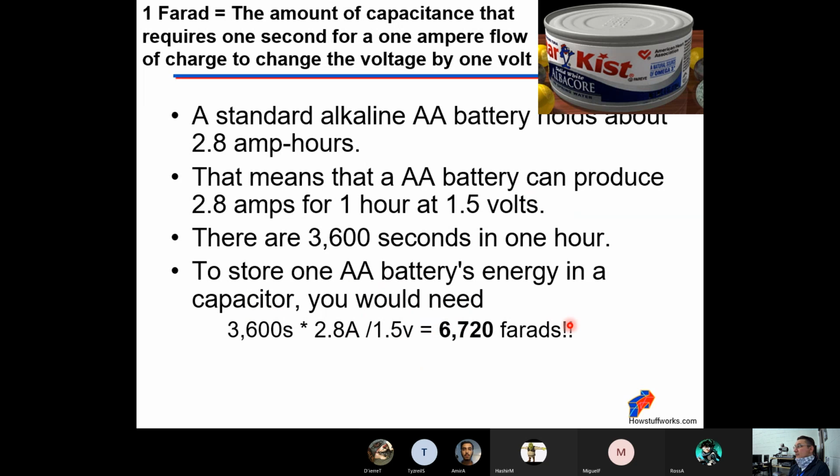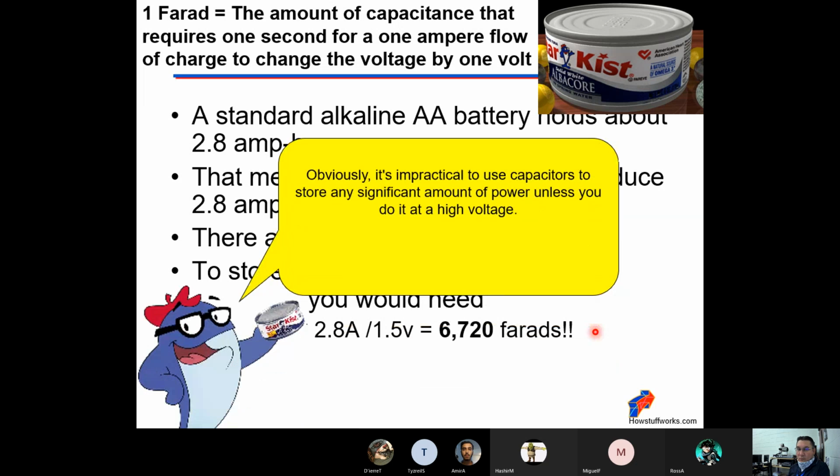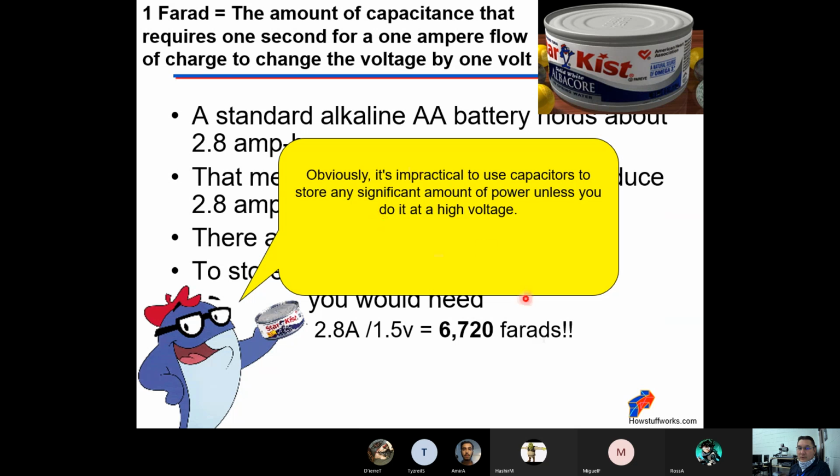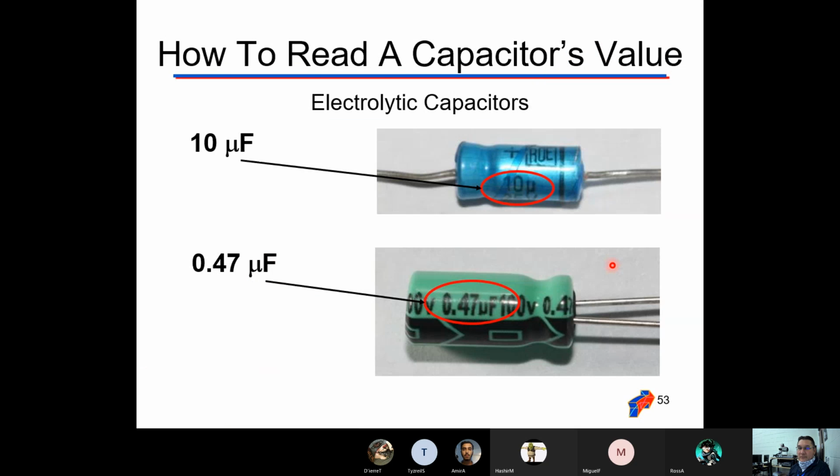That's 6,720 farads, which is ridiculous because you can't really have something like that. It's impractical to use capacitors to store a significant amount of power unless you do it at high voltage. At 1.5 volts, that would take a massive capacitor and a very long time to charge it. That's why we use batteries instead of capacitors.